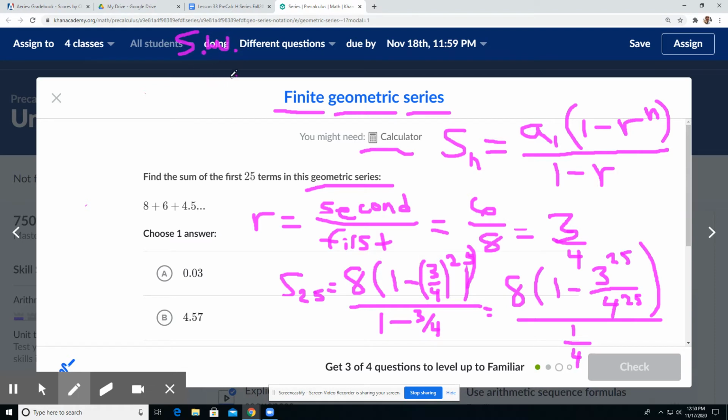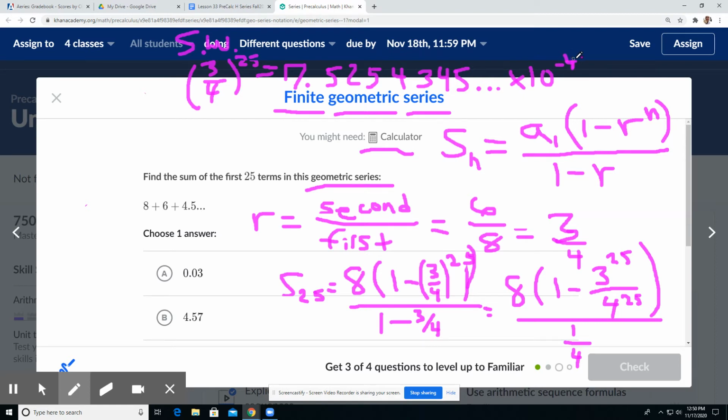So 3 over 4, or 0.75, to the 25, my calculator gives me 7.5254345 and so on, in scientific notation times 10 to the negative 4. Okay, so it's a negative 4.